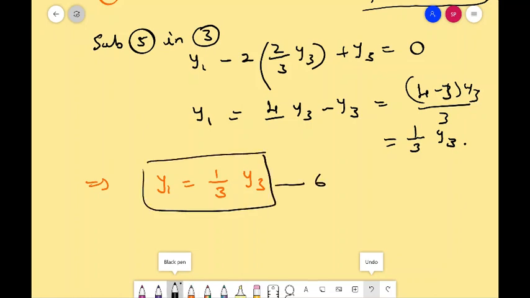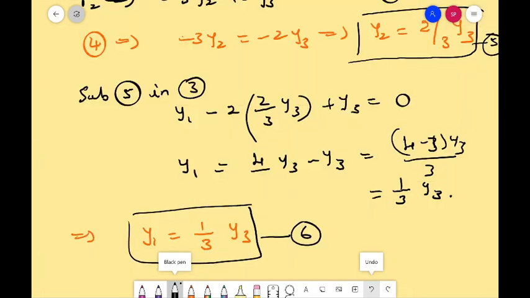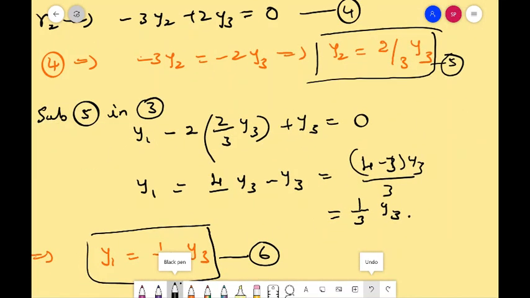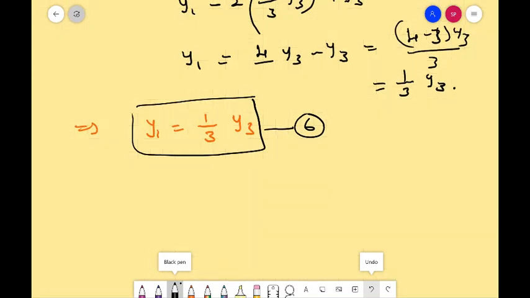This is equation 6. Earlier in equation 5 you got y2 in terms of y3, and now in equation 6 you got y1 in terms of y3.